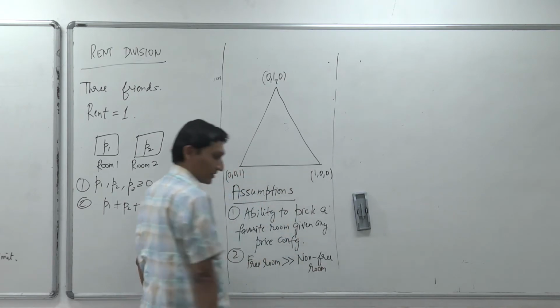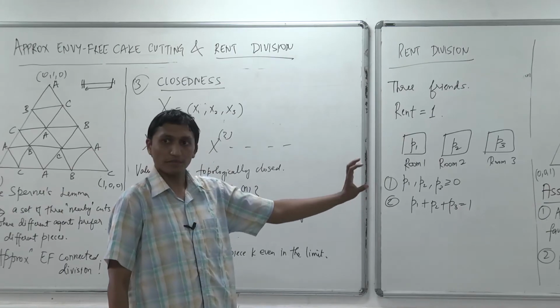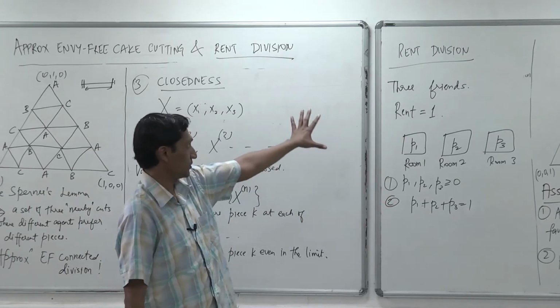Free as in terms of prices. These are the assumptions on the preferences of the agents, the 3 friends.